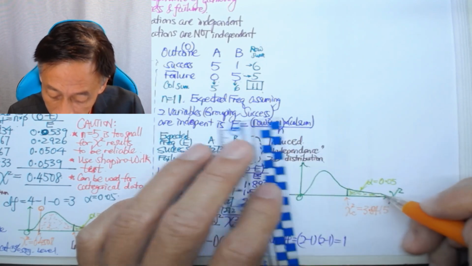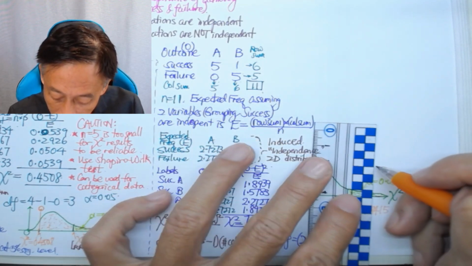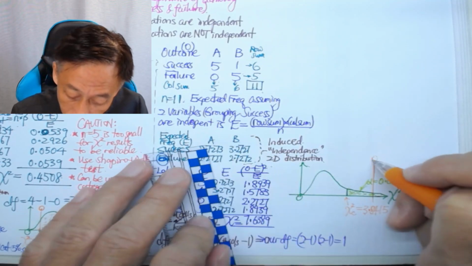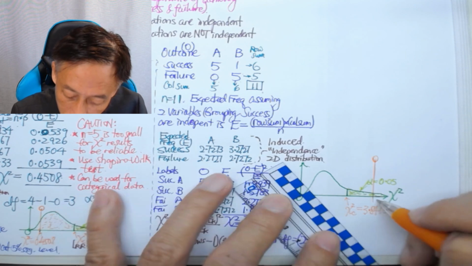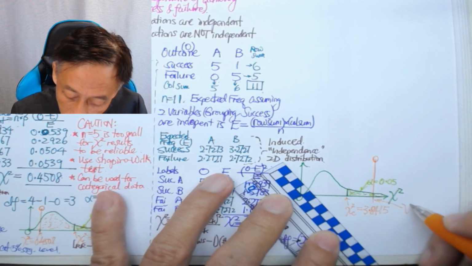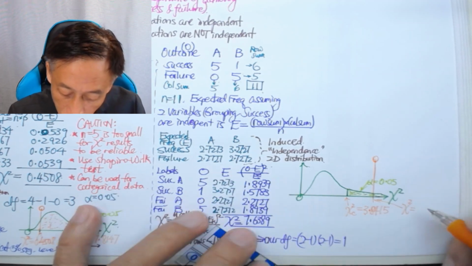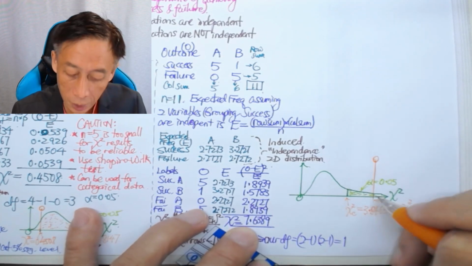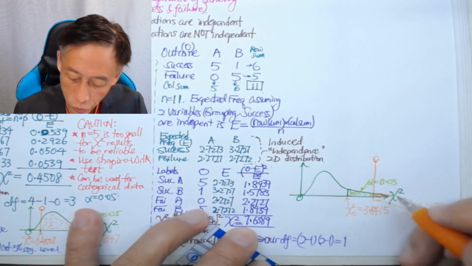I should be drawing somewhere over here. Okay. So this point is our chi-square value, which is 7.6389. Clearly, it is in the rejection region, right?